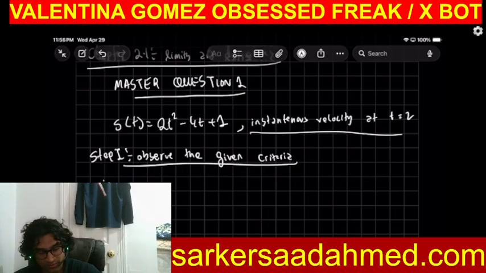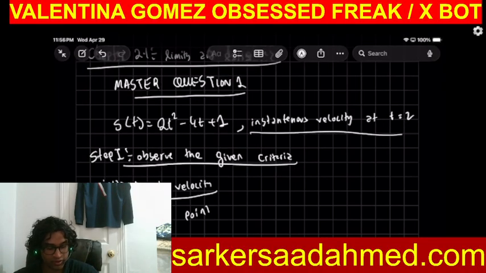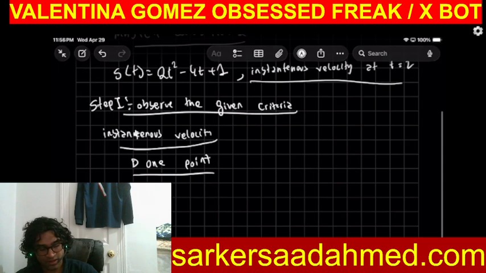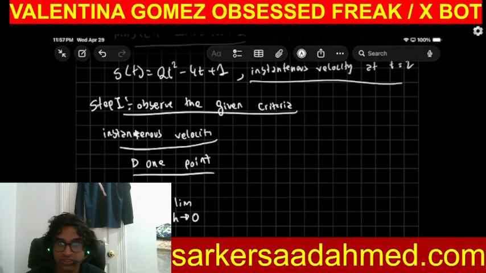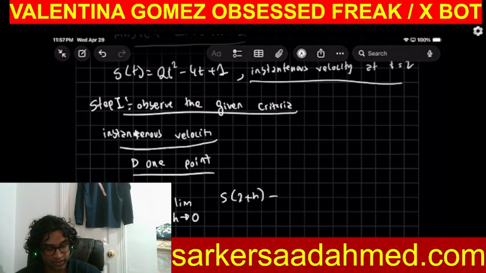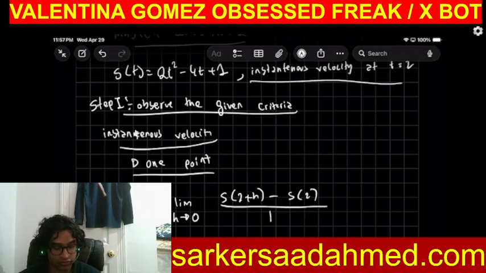Instantaneous velocity means what? It simply means the velocity at exactly one point, meaning our v will be the limit as h approaches 0 of s of 2 plus h minus s of 2, divided by h.